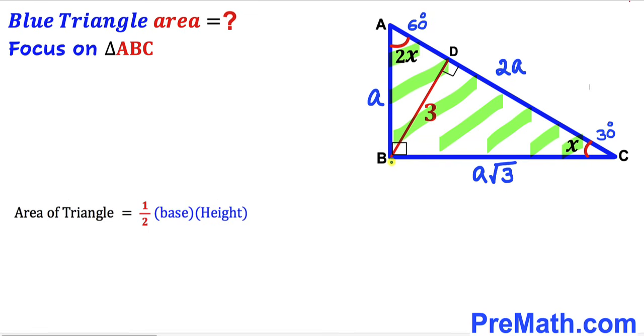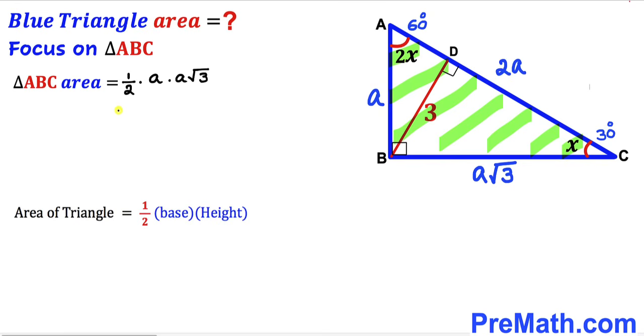And now we could see the base of this triangle is a times square root of 3, whereas the height of this triangle is lowercase a. So therefore this triangle ABC area is going to be a half times a times a times the square root of 3.